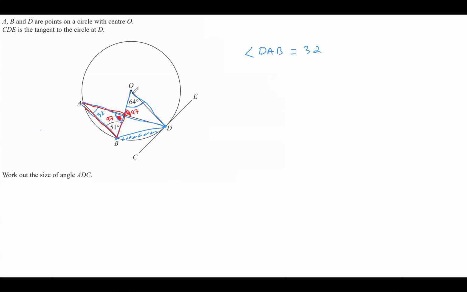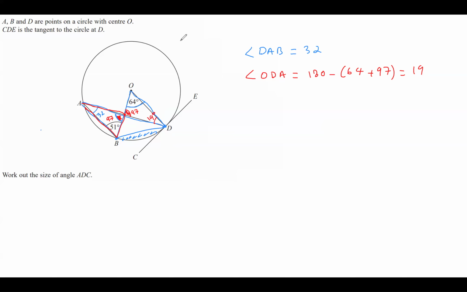And that's going to help us find the angle ODA. So angle ODA is going to be equal to 180 minus 64 minus 97, in brackets, I should say plus 97. So 180 minus 64 minus 97 is going to be 19 degrees. So this angle is 19 degrees.